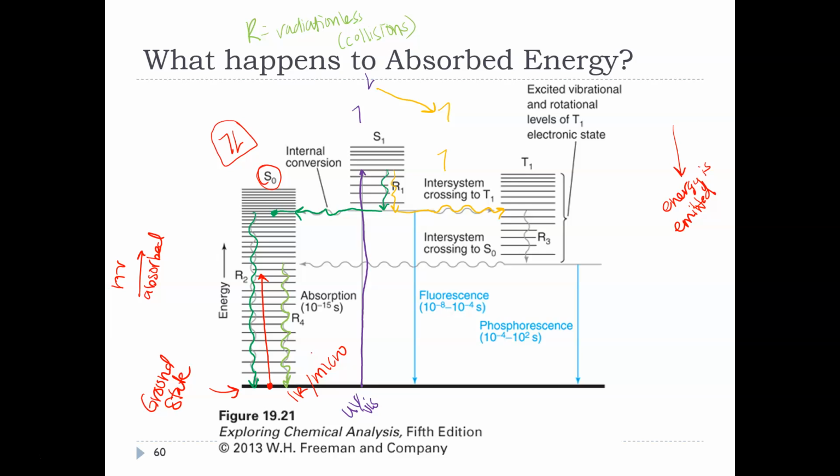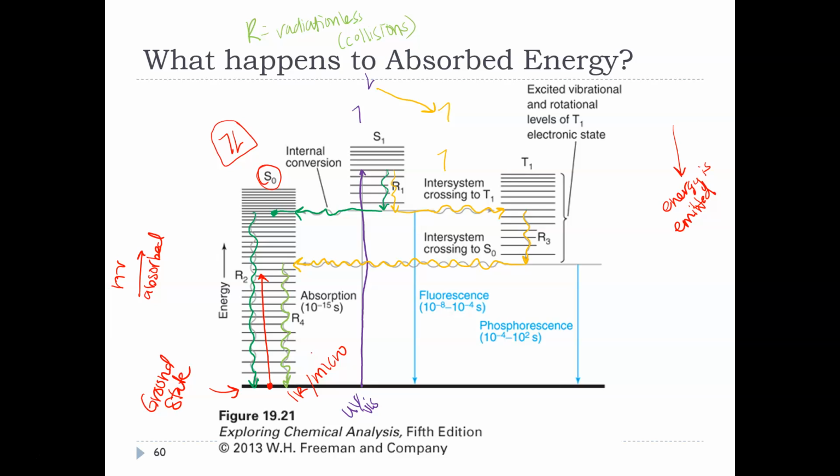Okay. Then what can happen is that, so it's an excited triplet state because the electron is still in a higher energy level. It can do a radiationless transition down to the lowest vibrational and rotational state of the triplet 1. And then it's going to do another intersystem crossing because it's going from triplet to singlet back to S0.